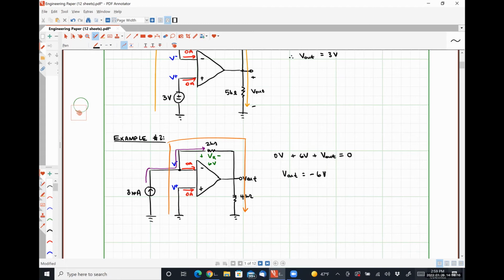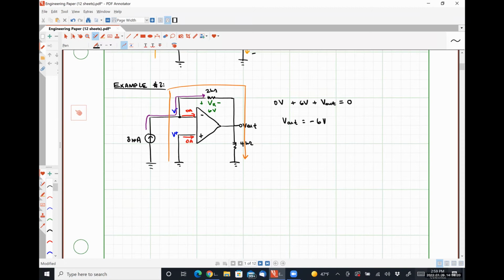Okay. Let's mess this up by introducing 2 inputs. Sorry, this should be 3.